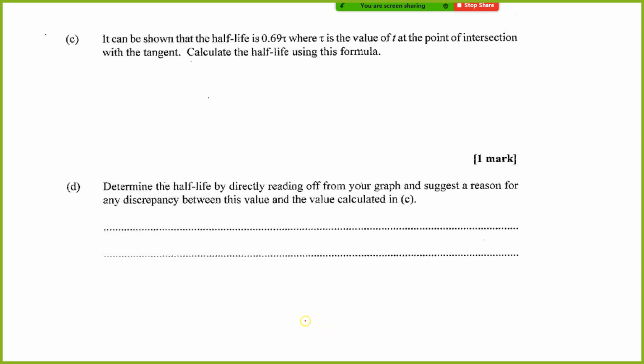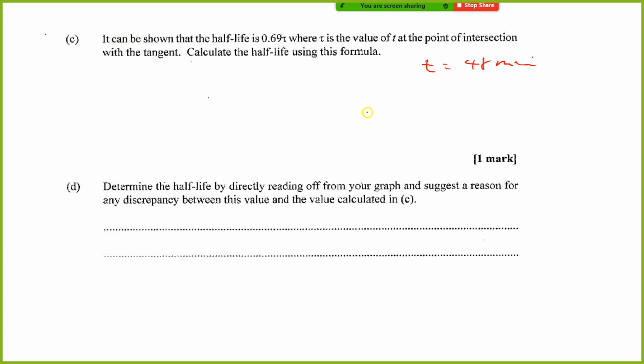Let's see here now. It says that it can be shown that the half-life is equal to 0.69 τ. I can't tell you that this is theta, but this is called tau, where tau is the value of t at the point of intersection with the tangent. So tau is equal to the value that we just found, which is 48 minutes for me.